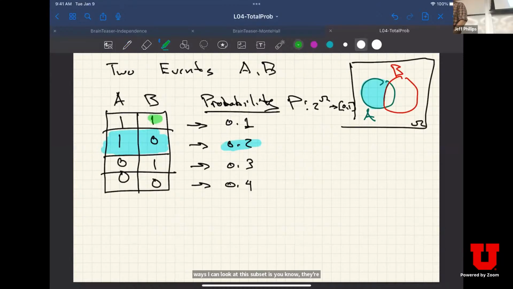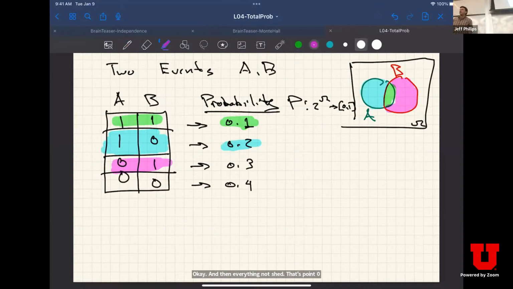This line of A and B being true is in here, and this maps to this probability. A and B is true, but not A, that's this region over here. And then everything not shaded is 0.4.